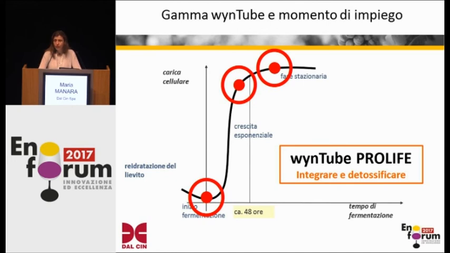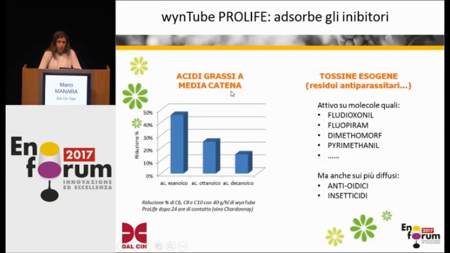Then WinTube Pro Life, which has a high content of yeast cell walls, and it's used to supplement and detoxify, and it can be used at the beginning of fermentation, one third of the fermentation, and then during the lag phase, particularly if the fermentation gets stuck. Last slide. This is ProLife's performance.